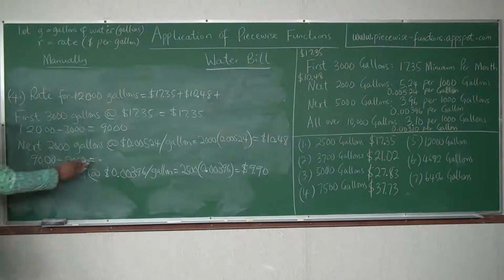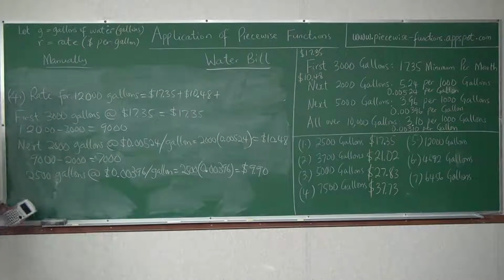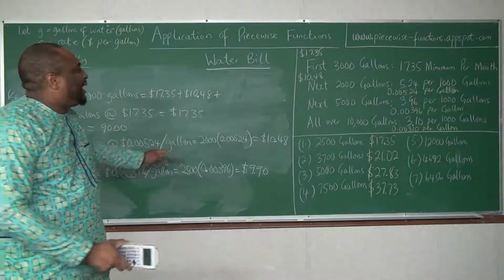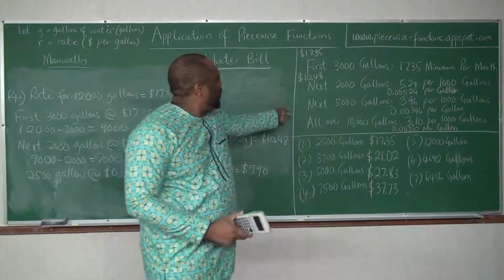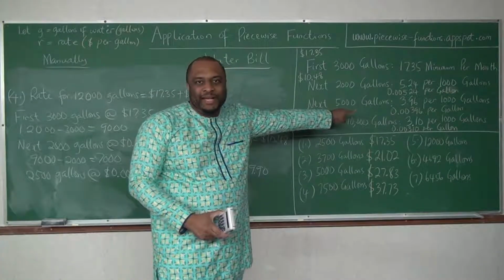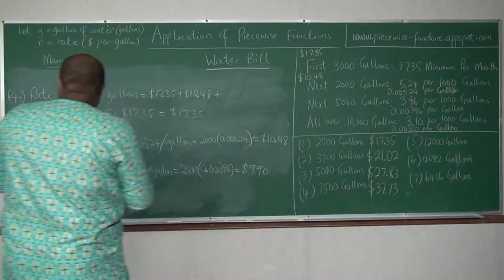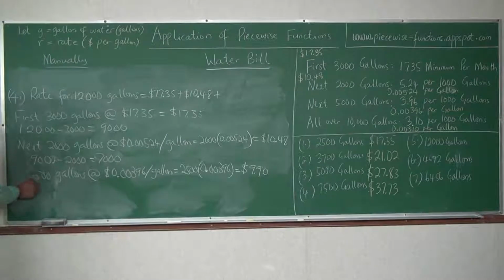It gives you 7,000. Now 7,000, you bring it in the next 5,000 gallons.